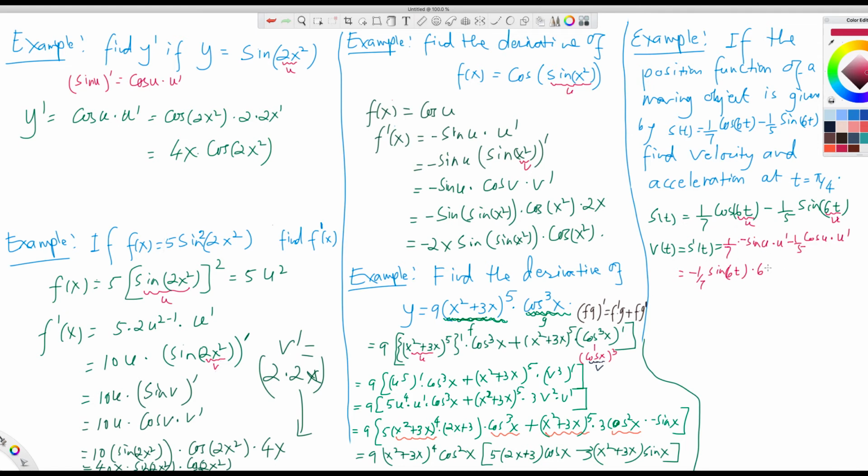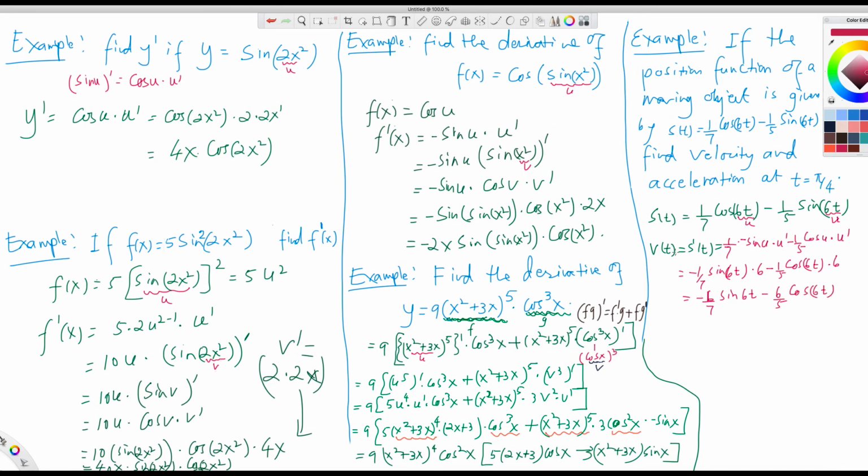And then minus 1/5 cosine 6t, times the derivative of 6t, which is 6 again. So basically you got negative 6/7 sine 6t, and then minus 6/5 cosine 6t.